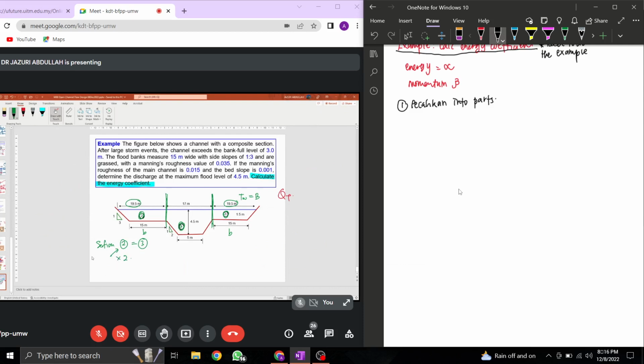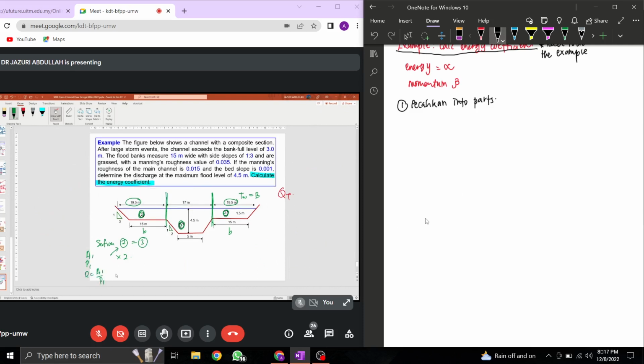Maksudnya you calculate area 1, you calculate P1 and then R equal to A1 over P1 and then daripada sini nanti you calculate dia punya Q1 berapa and then baru you can times 2.